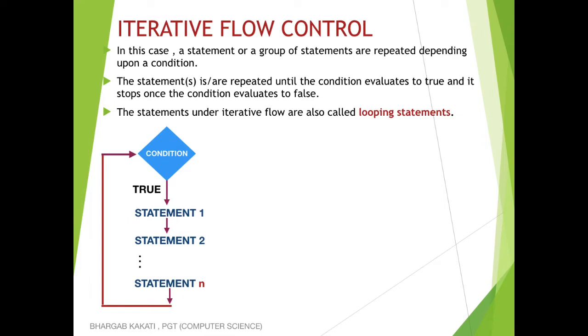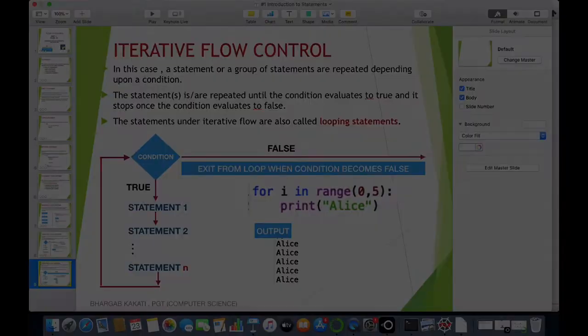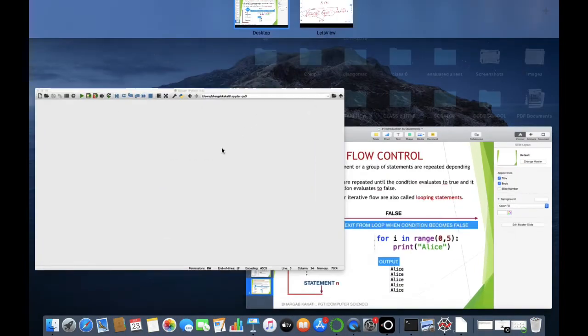Generally, a time comes when the condition evaluates to false. When the condition evaluates to false, the loop is exited, and that iteration flow control will not be executed again.